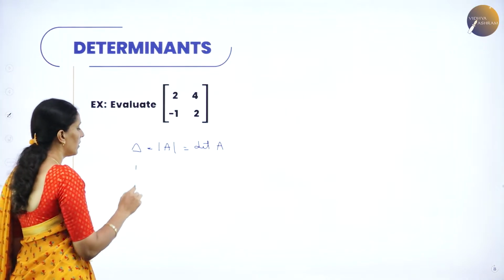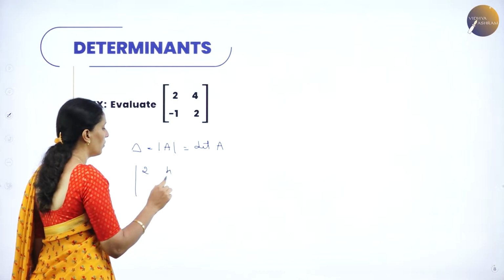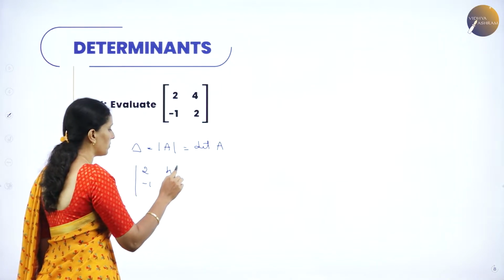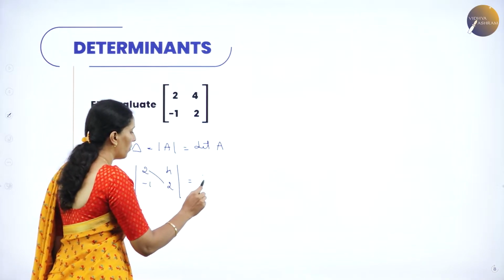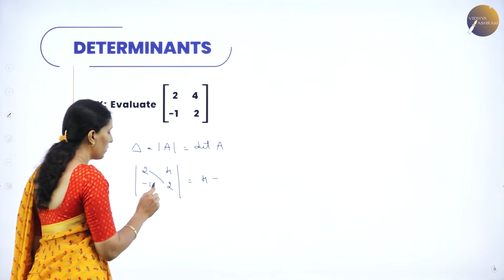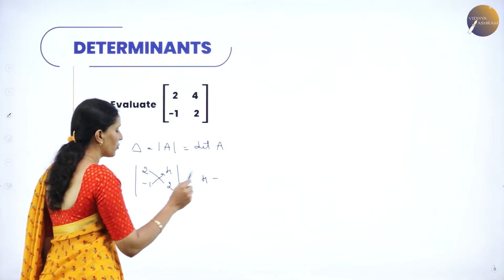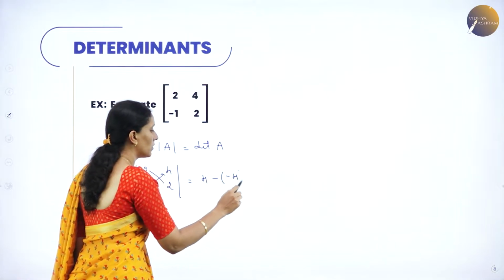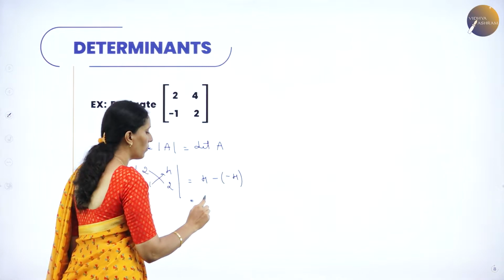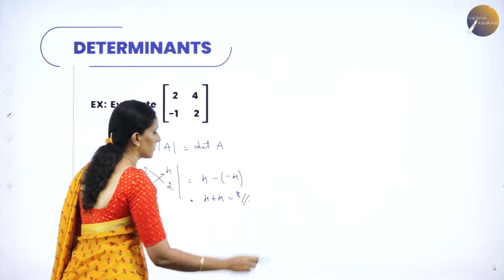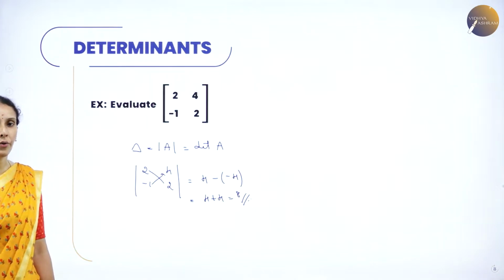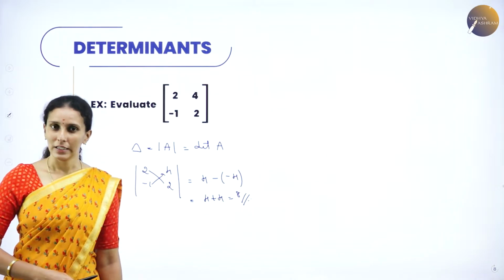Now here it is nothing but |2 4; -1 2|. So according to the rule, 2 twos are 4, minus, then minus 1 into 4, minus 4. So which becomes 4 plus 4, whose value is 8. So this is how we are going to find the value of the determinant.